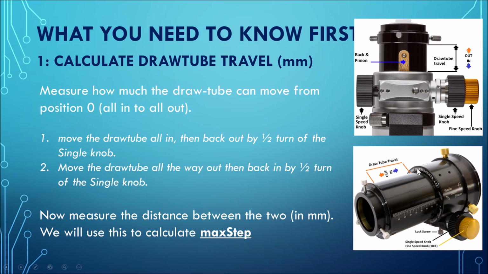We shouldn't go all the way into a hard stop, and we shouldn't go all the way out. So we leave a little bit at the end, we leave a little bit at the beginning, and we take that to be the draw tube travel. So we measure this, and we're going to use it to calculate max steps.